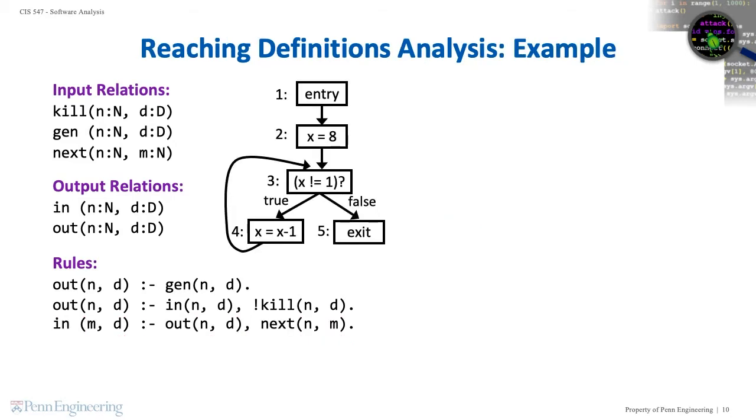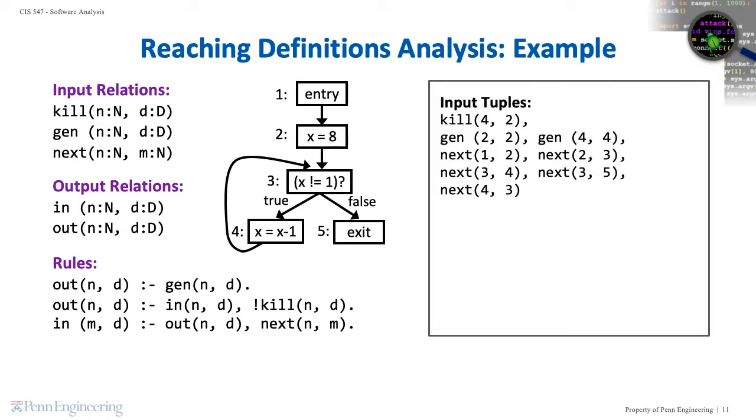Let's look at an example run of our reaching definitions analysis specified in Datalog. Consider this control flow graph. Recall that the inputs to reaching definitions analysis are the relations kill(n, d), gen(n, d), and next(n, m).